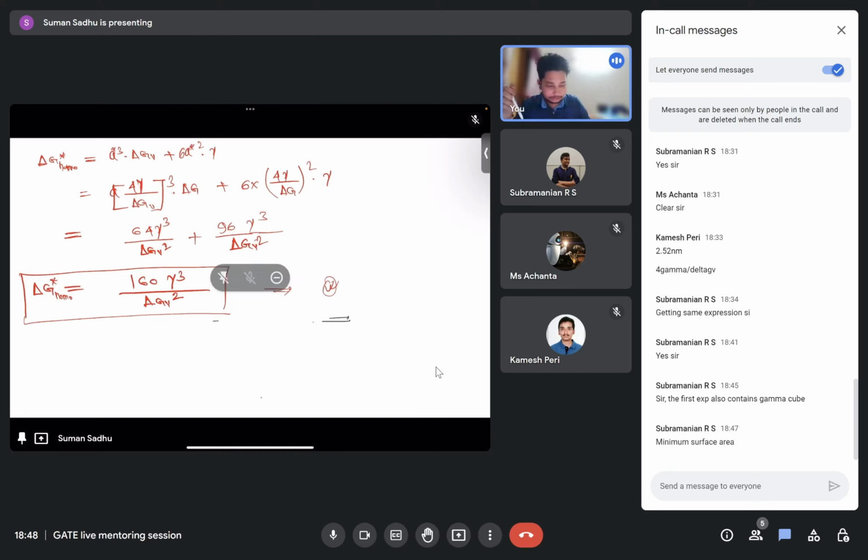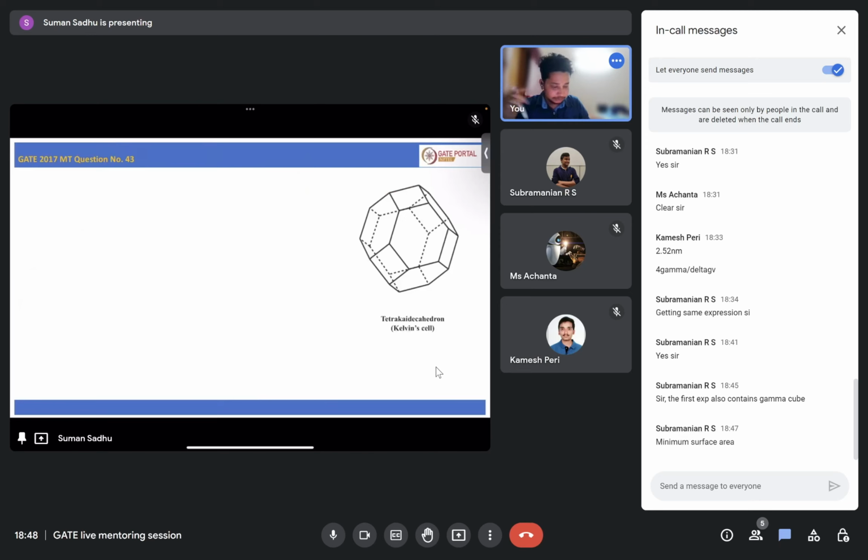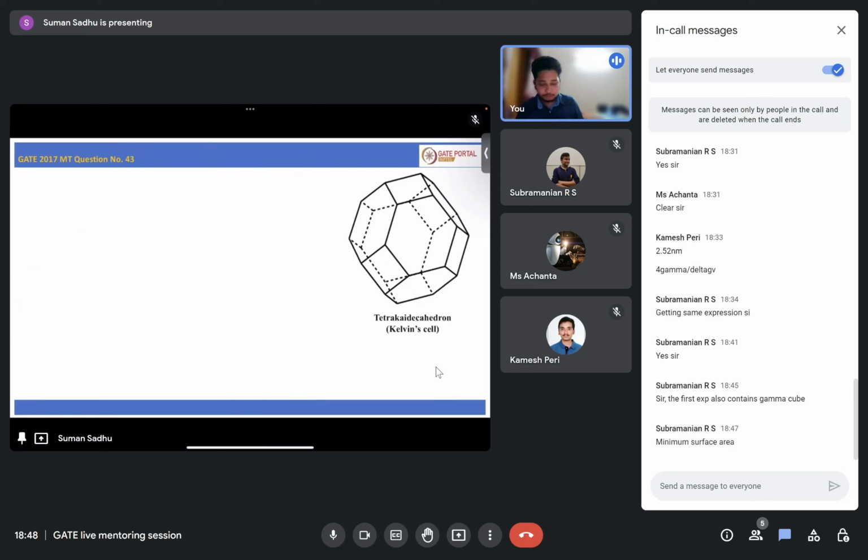That is actually proposed by Kelvin. If you combine the 14 Bravais lattices, you will never get an exactly spherical shape, but Kelvin proposed that there is some kind of structure that is possible, which contains around 14 faces.